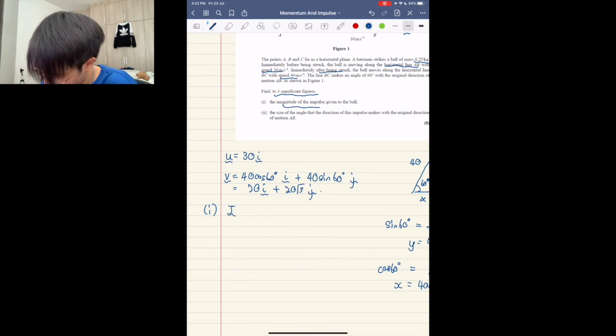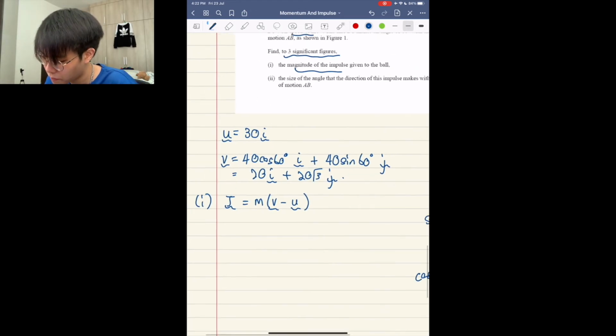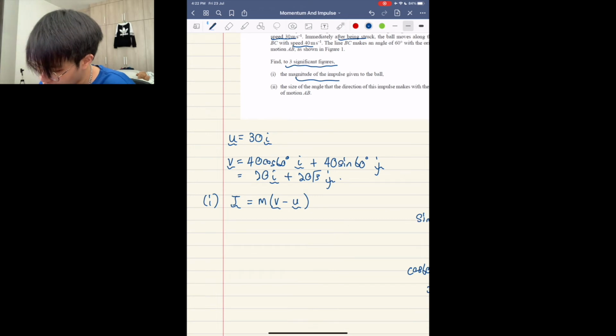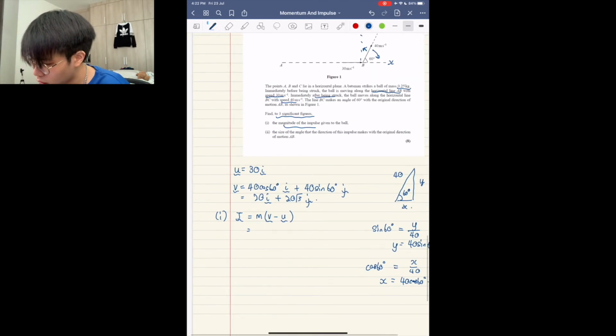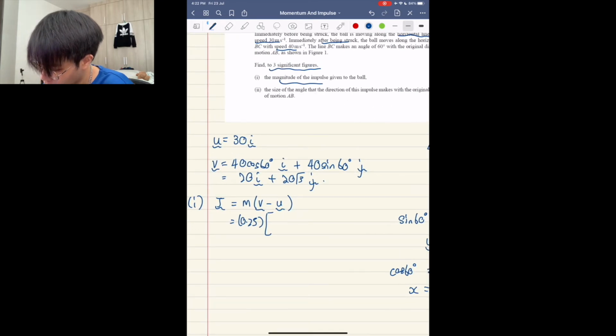So the impulse is the mass times the change in velocity, and the velocity is a vector, so you need to put the dash line on it. Okay, it's equal to, what's the mass? The mass is 0.25 times v, which is 20 and 20 square root 3 minus 30, 0.